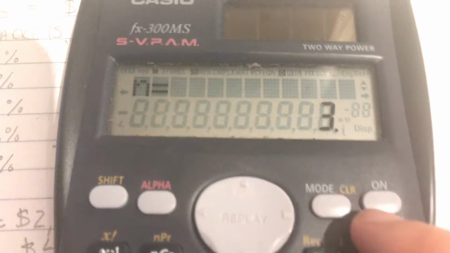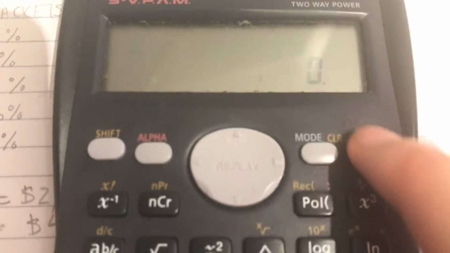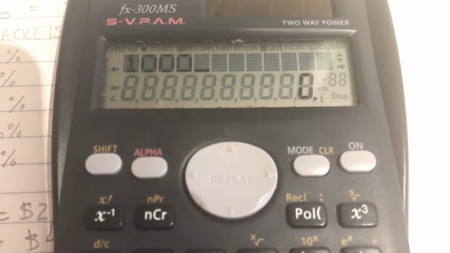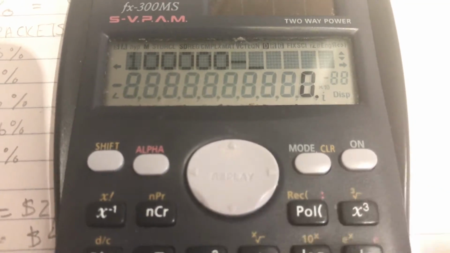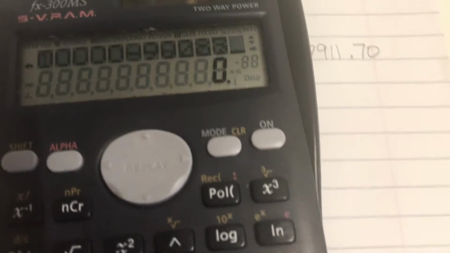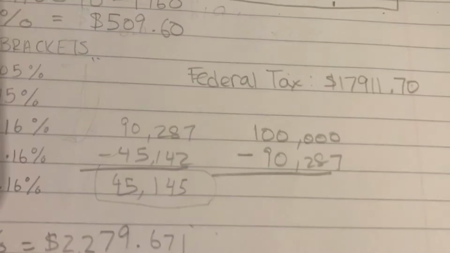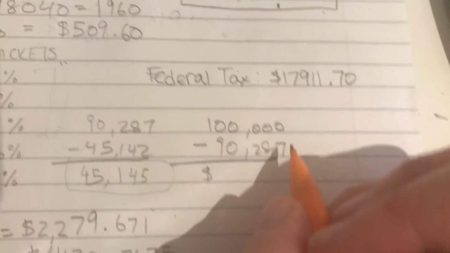I have no shame, so calculator time. That is $9,713 that we're going to tax 11% on.